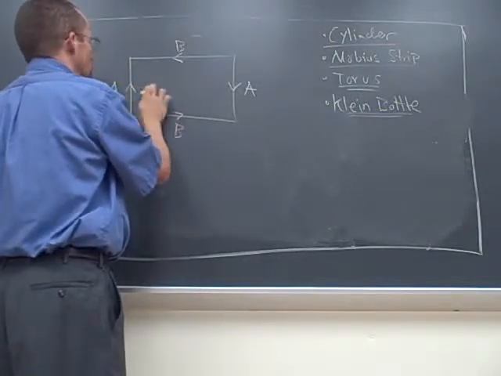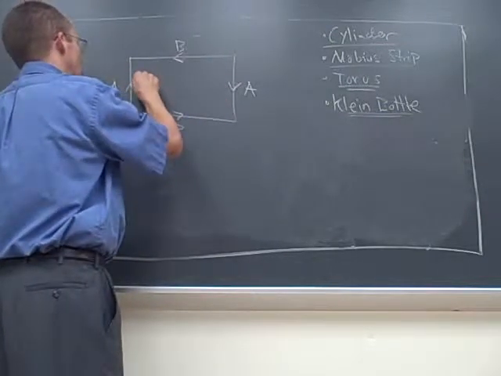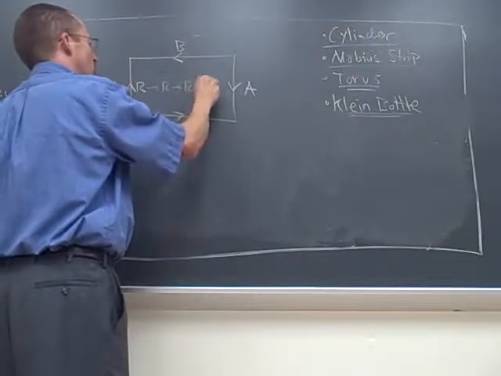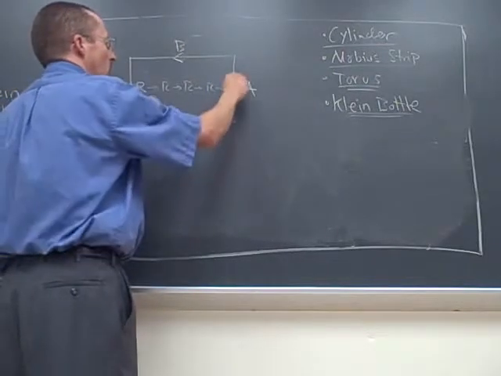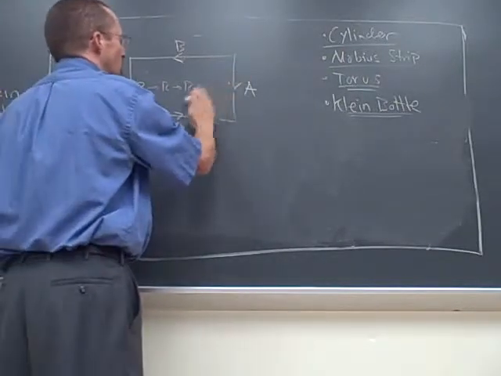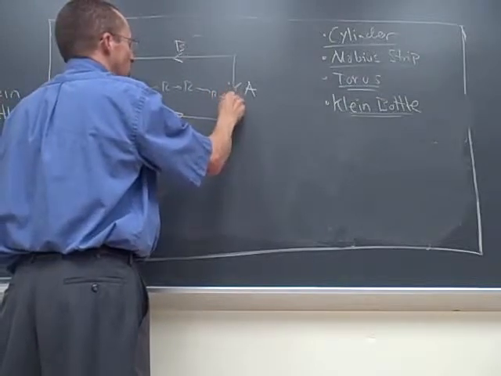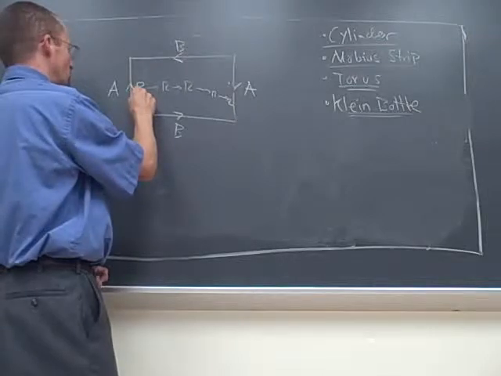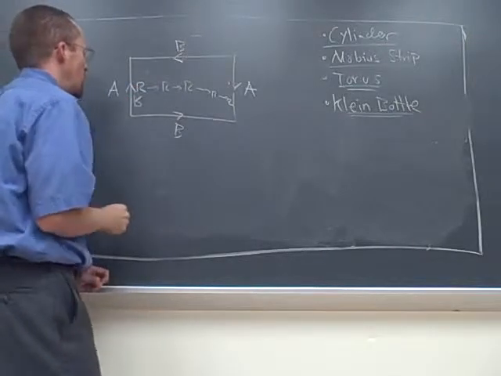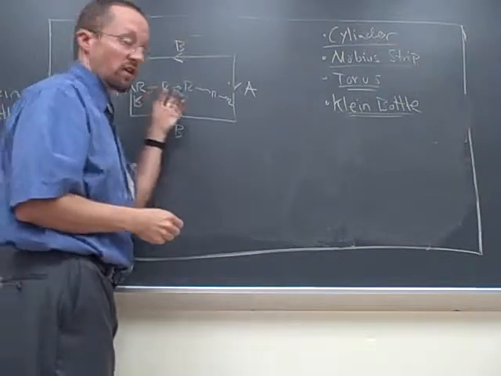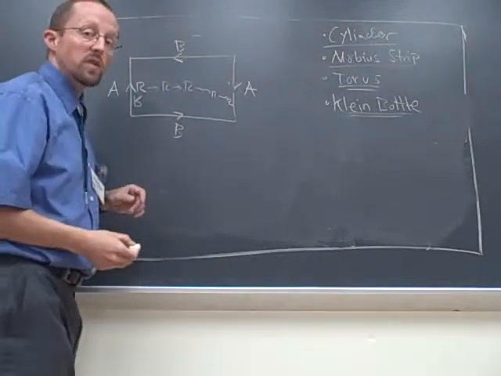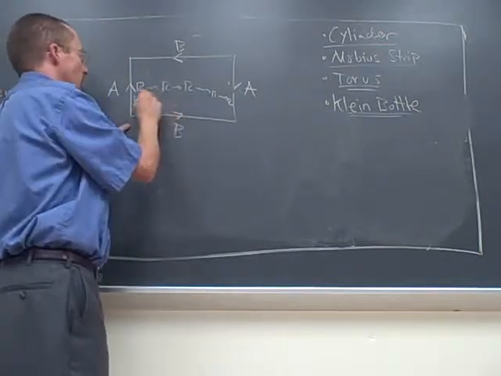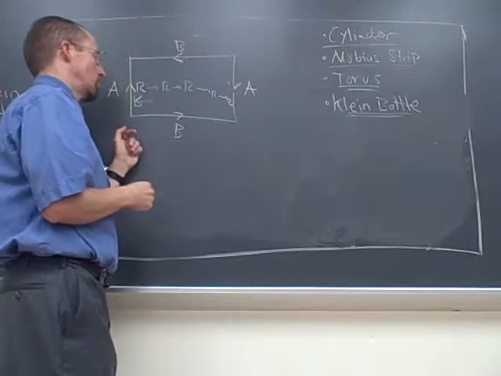So one thing I forgot to say about the Möbius strip and the Klein bottle is, for example, if I take the letter R and I just drag that to the right, let me drag a little bit downward so it doesn't interrupt itself, it's going to come back as an upside down R. Let's see if I can draw an upside down R. Yeah, okay. And you might think, oh, that just got rotated. Well, no, that's not rotated. If you look at it upside down, that is mirror reflected. And so the thing comes back as a mirror reflection of itself. That's weird.